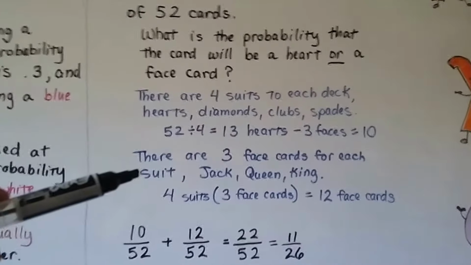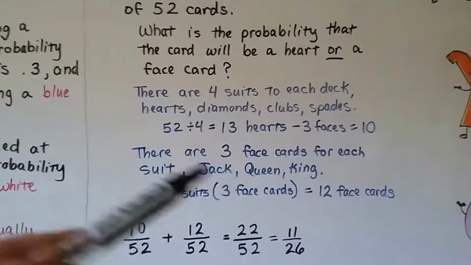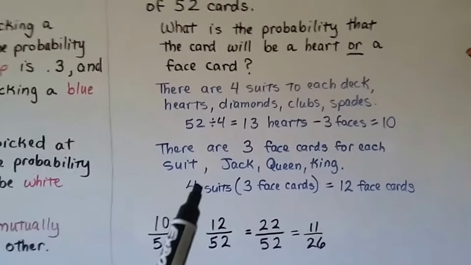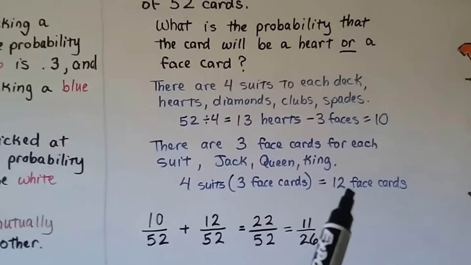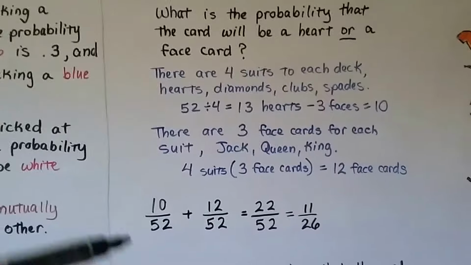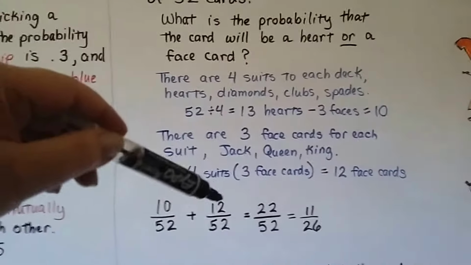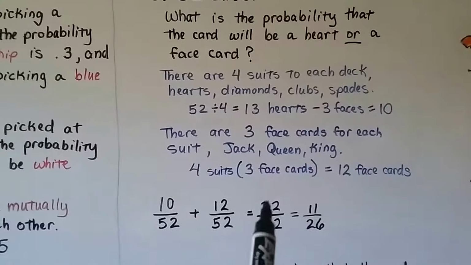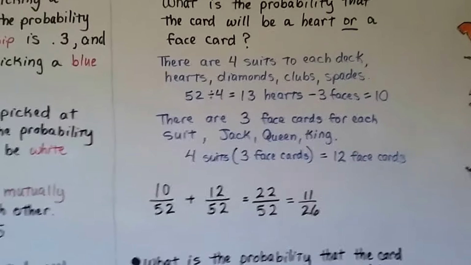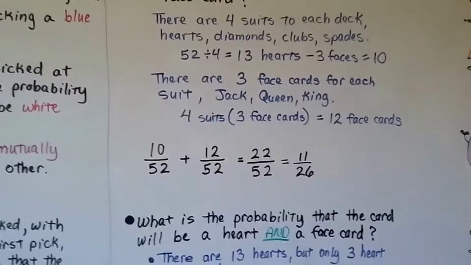There are 3 face cards for each suit, the jack, the queen, the king. So 4 suits times 3 face cards is 12 face cards. We do 10/52 plus 12/52. That's going to give us 22/52 or 11/26 when we simplify it.